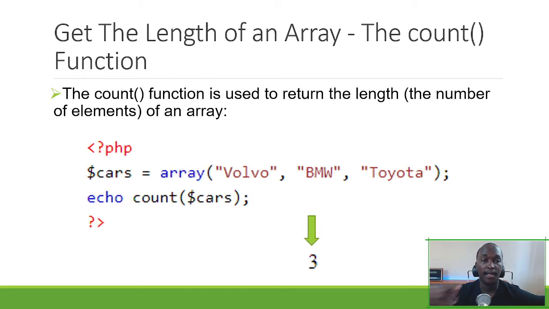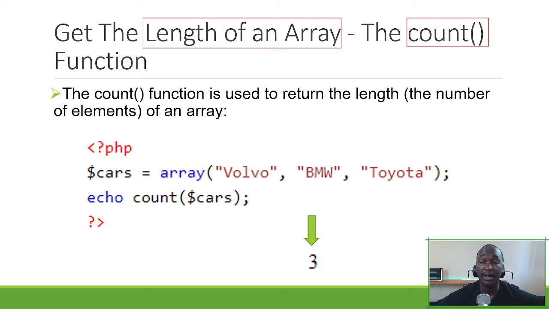Then how do you get the size of the array? The size of the array is also called the length of the array. We have an inbuilt PHP function to find out the size of the array. It's called the count function.